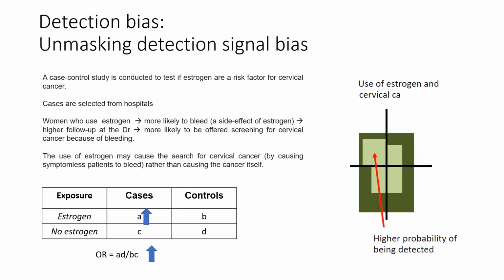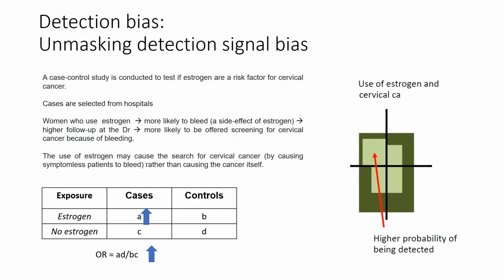Here, it's not that estrogen causes cervical cancer, but estrogen causes a symptom that increases the detection of cervical cancer. And this is why we call it detection bias. And more specifically, in this case, we call it an unmasking detection or signal bias. It unmasks.